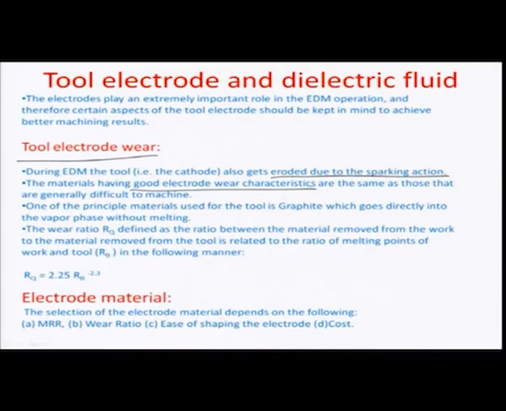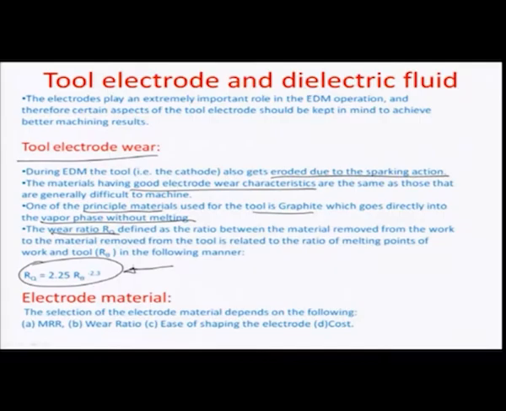Okay, so one of the principal materials used for the tool is graphite. It goes directly into the vapor phase without any melting, and you can define this wear ratio RQ as 2.25 R theta to the power of minus 2.3.